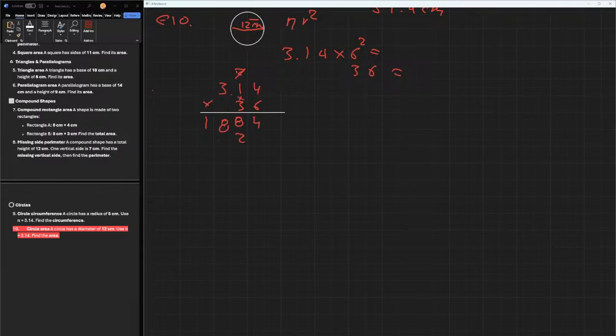We add this. Then we put the decimal points, and then it is centimeter squared. No, I'm not sure, but let's find out.